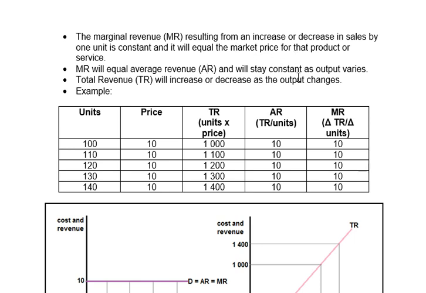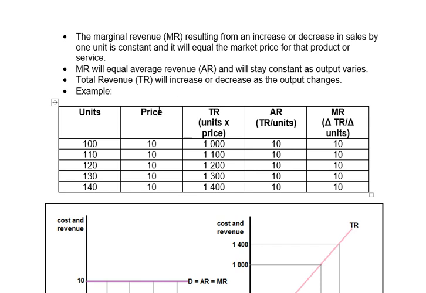And remember, in the very first lesson we said average revenue is always equal to the price, because quantity times price gives me total revenue. So if I take total revenue divided by the quantity, it is going to give me the price. For all market structures, your average revenue is always equal to the price.